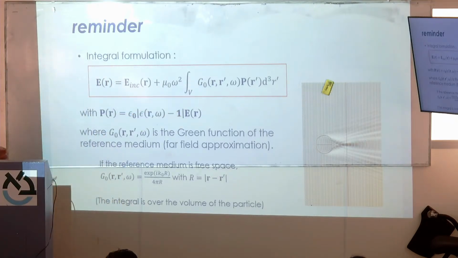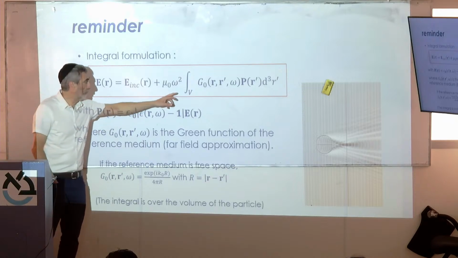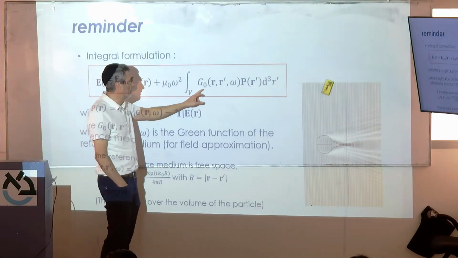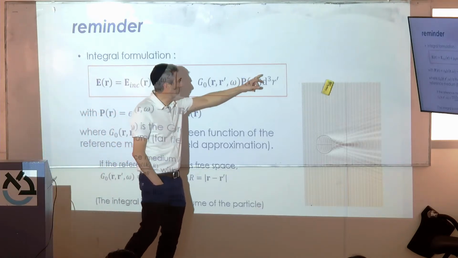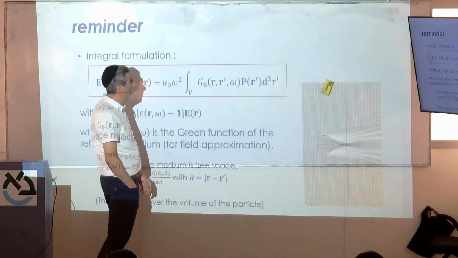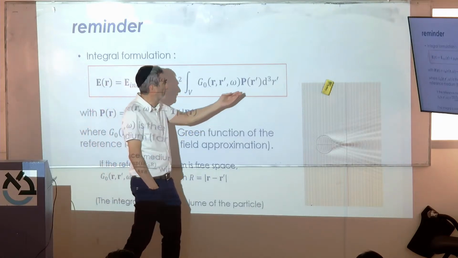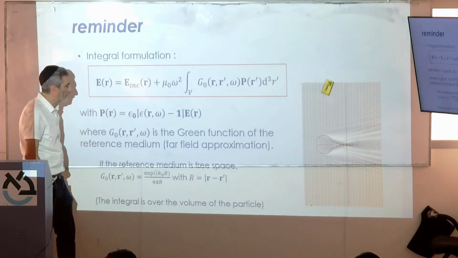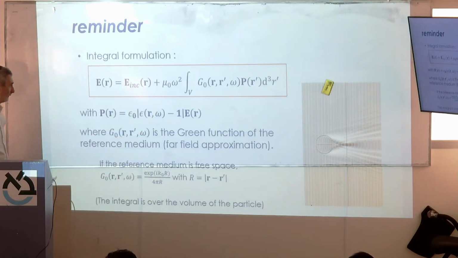V is the volume of the scatterer. You integrate the product of the free space Green function times the dipole moment of an object of size d3r prime, where P is the density of polarization.